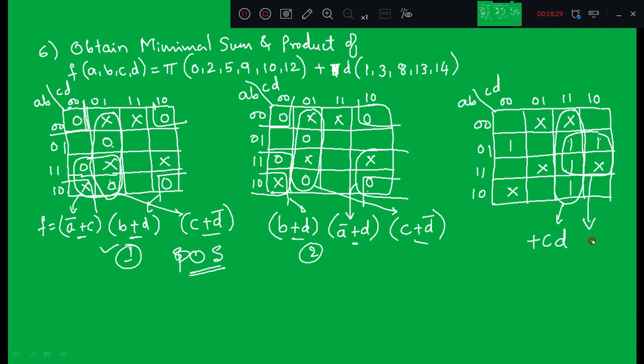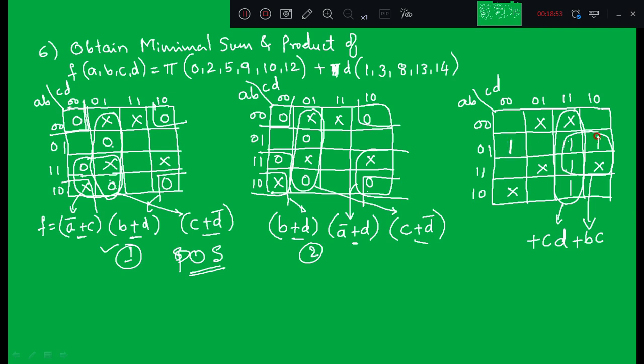So what is the expression for this grouping? It is B and C, BC, right? And this one, how will you cover this one? You cannot make a group of 4 min terms, or 2 min terms 2 don't cares, or 3 min terms 1 don't care, or 1 min term with 3 don't care.